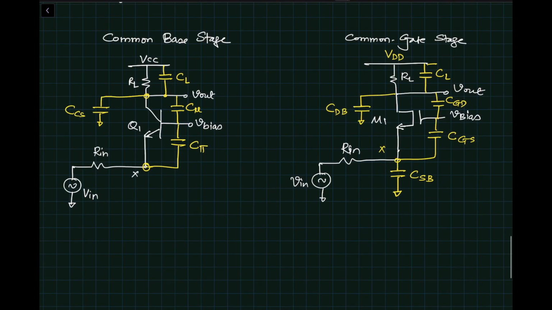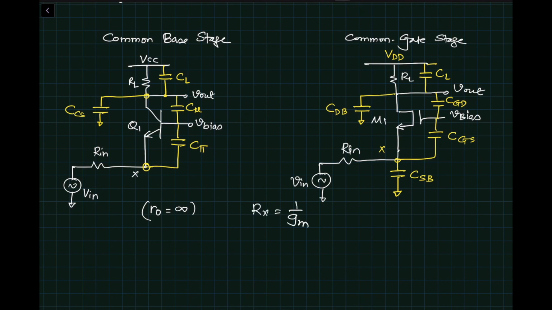So we will draw some of the concepts we have already done. One of them is, what is the resistance at node X? So node X is going to look like 1 over Gm node. So we are assuming that Rout is infinity for first cut analysis. So Rx will be equal to 1 over Gm.